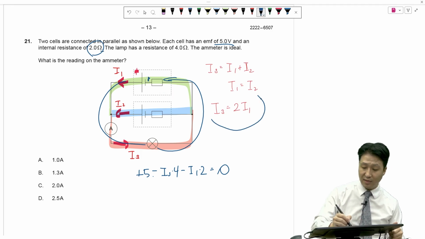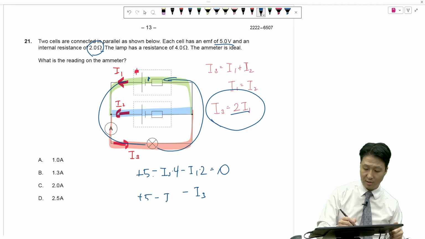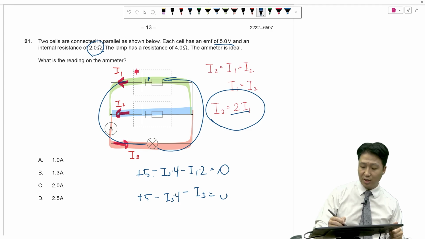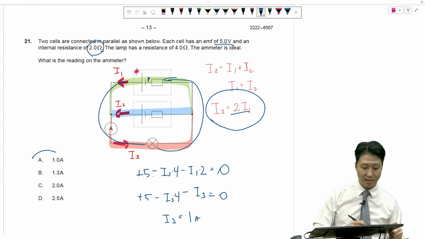Finally, if we use this, well, this would just be I3. 2 times I1, 2 times I1. 5 volts, I3 times 4. And you can just simplify this. I3 is equal to 1 ampere. The answer would be A.